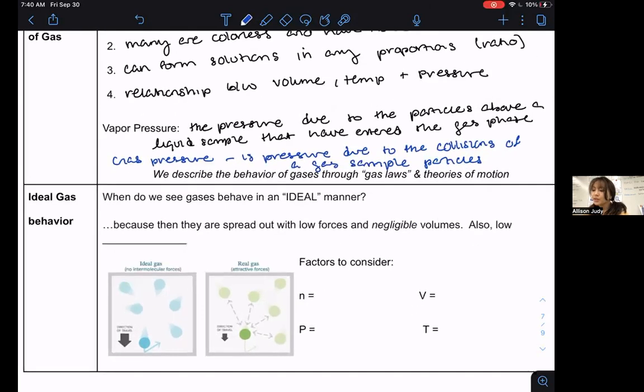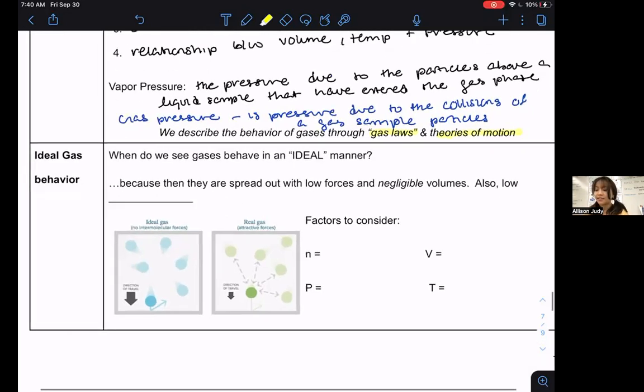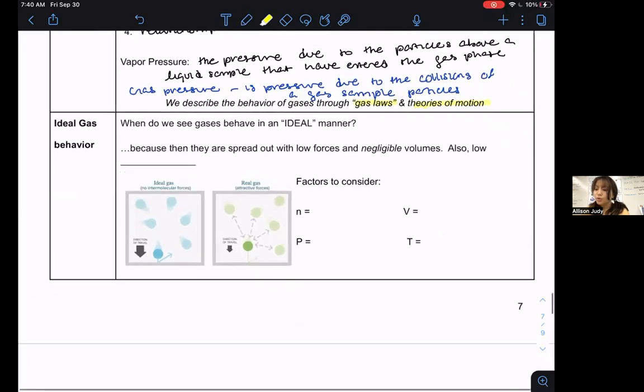So we describe the behavior of gases through what we call gas laws and theories of motion. I'm going to introduce to you a theory on gases and a few gas laws that take the assumptions of the theory and put them into a mathematical relationship. So we like to think of gases as being ideal.